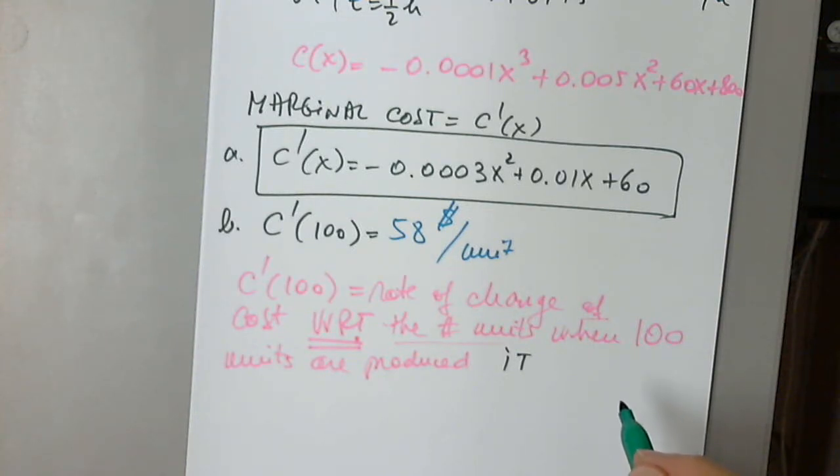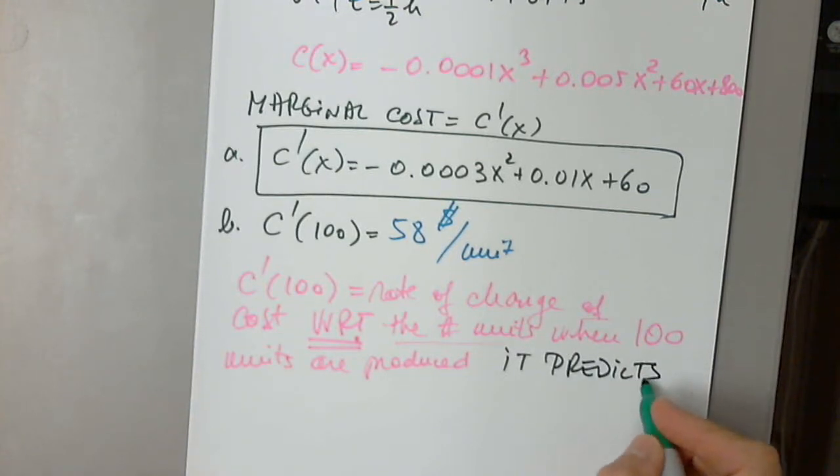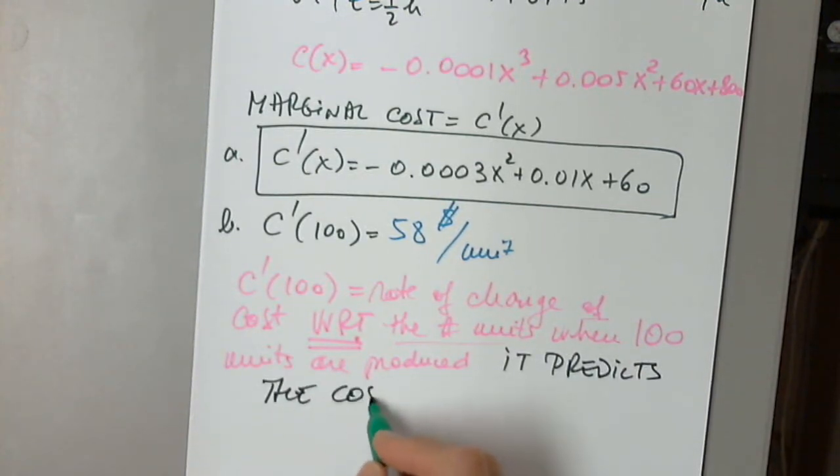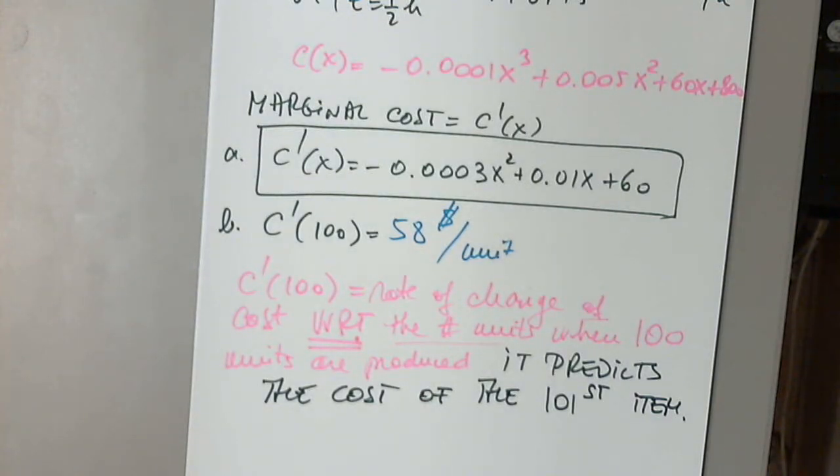It predicts the cost of the 101st item, the next item, in this case the 101st. That's why it's called a marginal cost. It predicts the cost of the next item in case we decide to produce more.